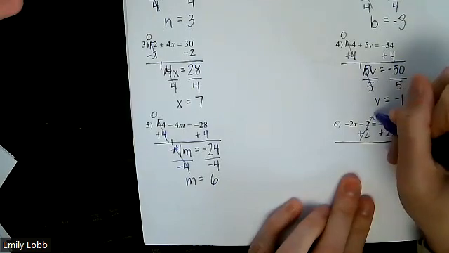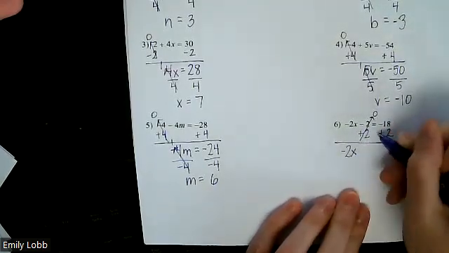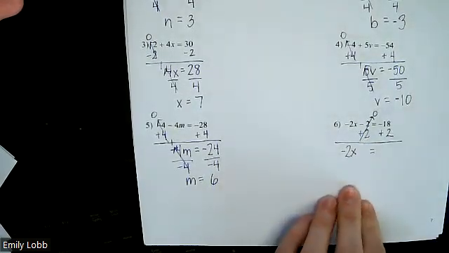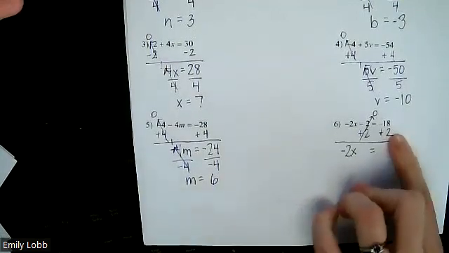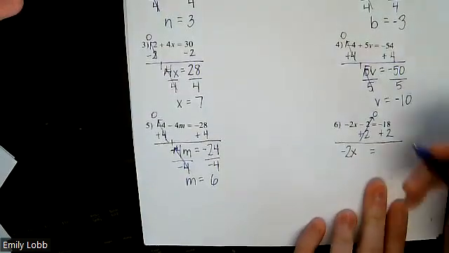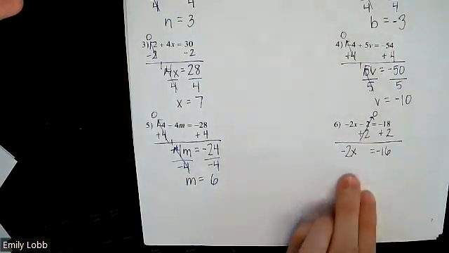-2 plus 2 is 0. I have this -2x that I'm bringing down. I'm bringing down my equal sign. -18 plus 2. My signs are different, so I'm finding the difference. Good. -16. 18 minus 2 is 16. My bigger number is negative.